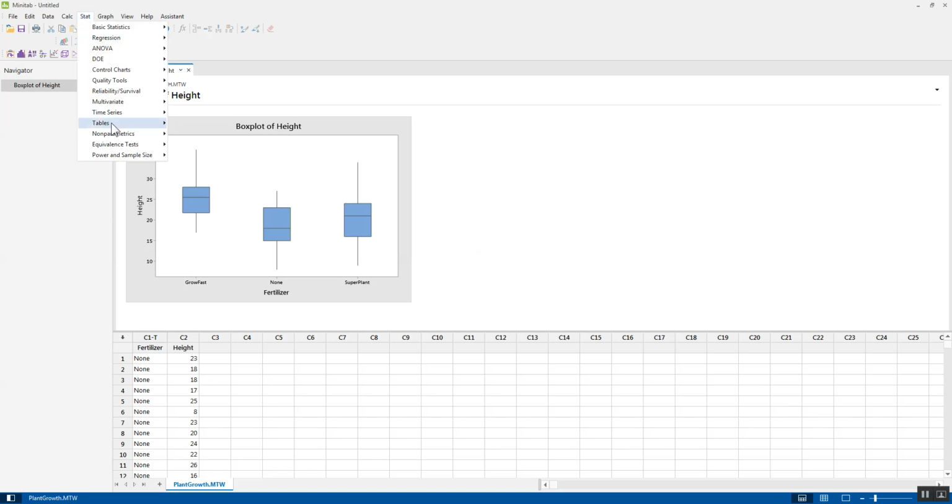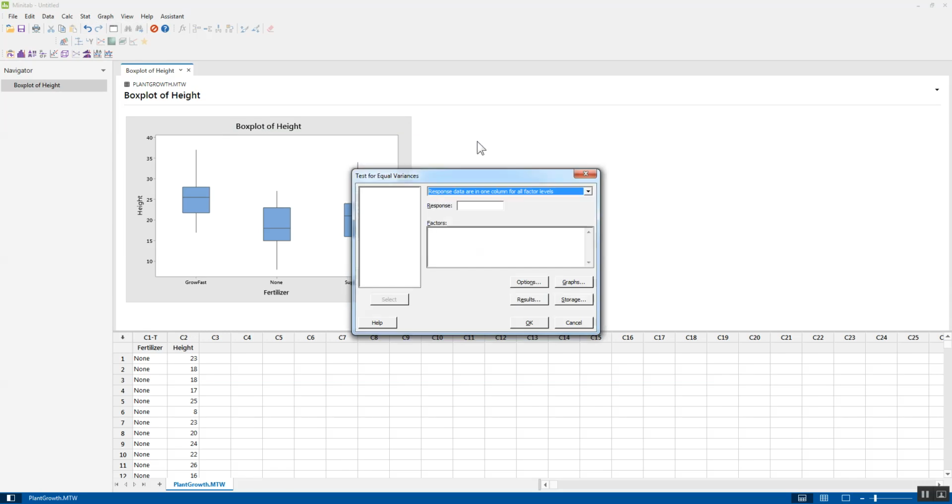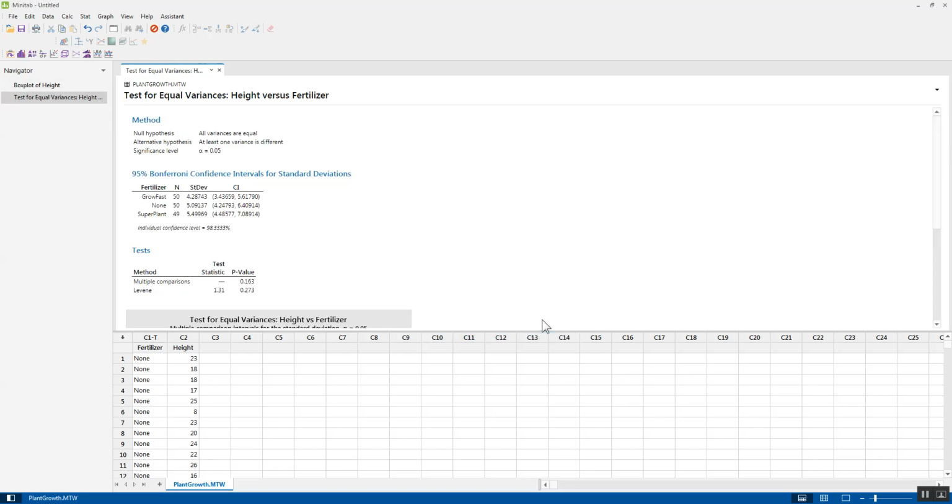Recall, before we do an analysis of variance, we've got to use Levene's test to test for any departure from homoscedasticity. So I'm putting my response in as the height of the plants, the fertilisers as my factors. Notice the language of ANOVA has changed a little bit there.